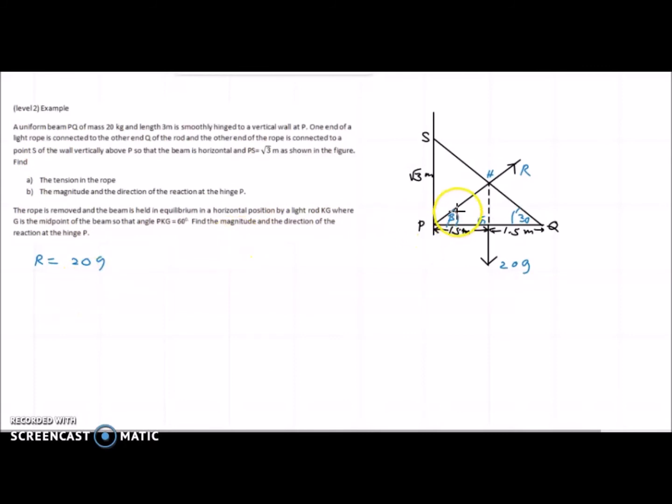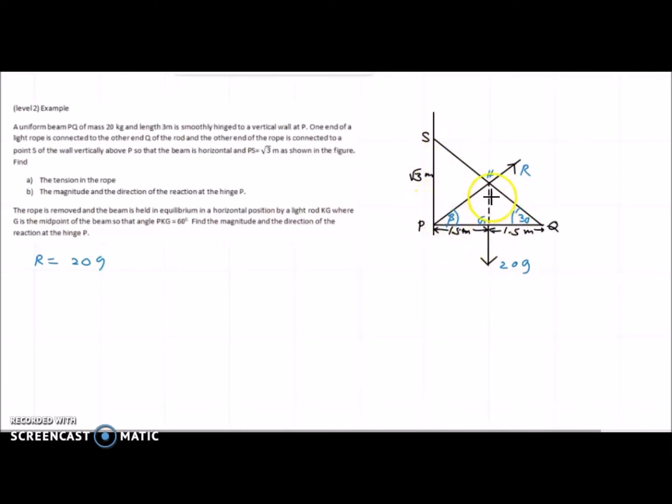Now we have to find the direction of R. Let this angle be beta. That is, angle GPH equals beta. Now G is the midpoint of PQ and GH is drawn parallel to PS.